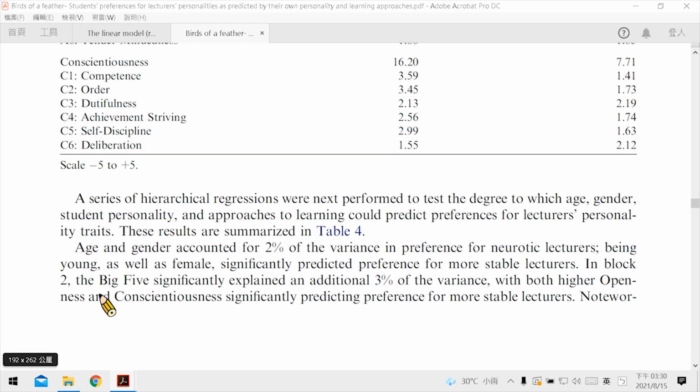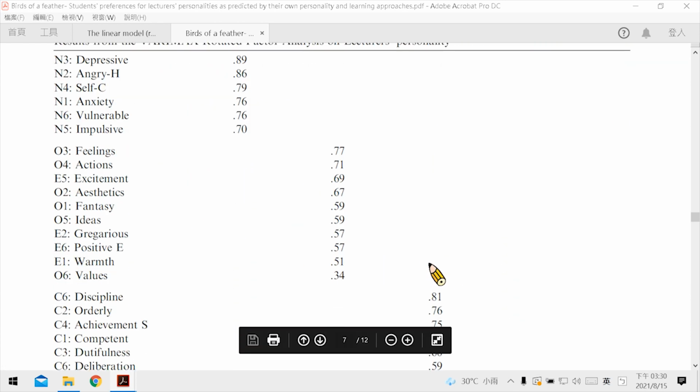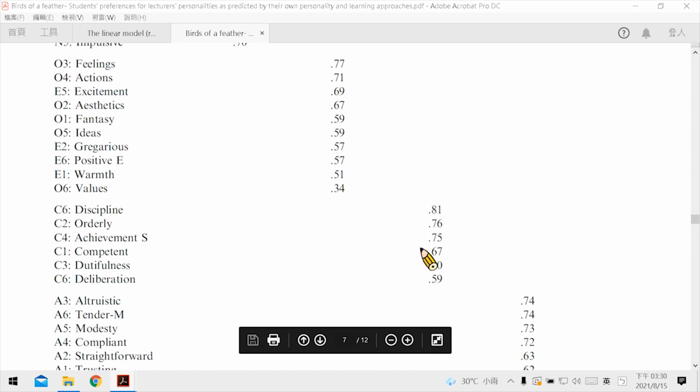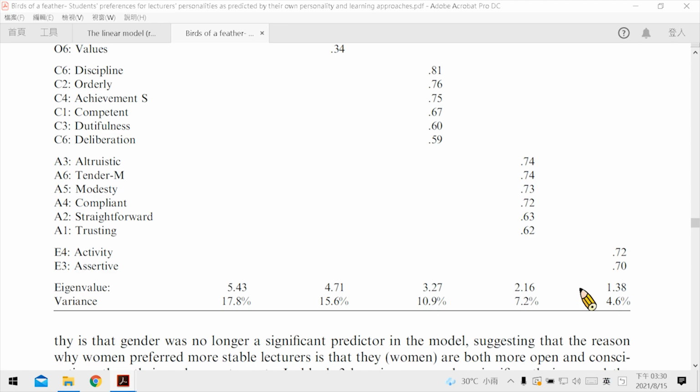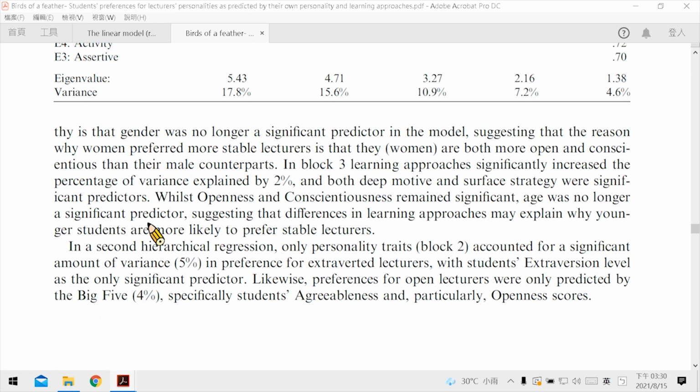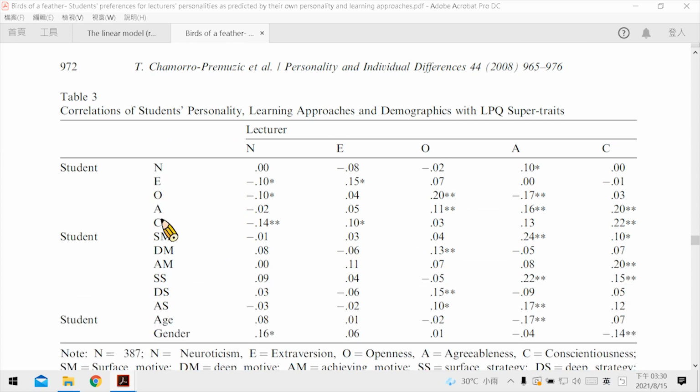Okay, this is the factor analysis we already talked about. We defined the five factors, and the correlation.